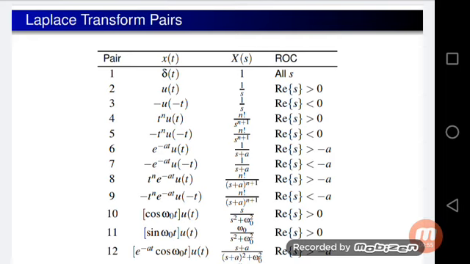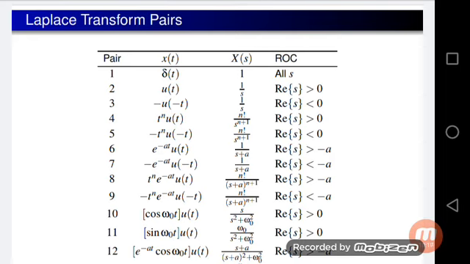For example, pair 1: x of t is delta of t, X of s is 1, ROC all s. Pair 2: u of t, 1 by s, Re of s greater than 0. Like this, these are the Laplace transform pairs.